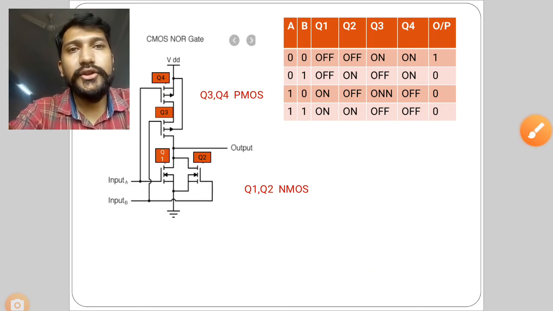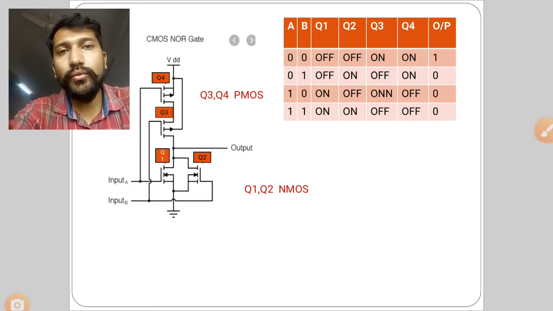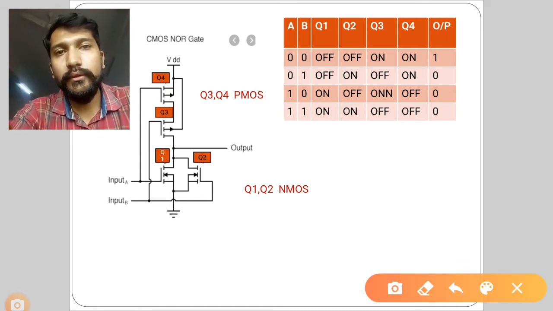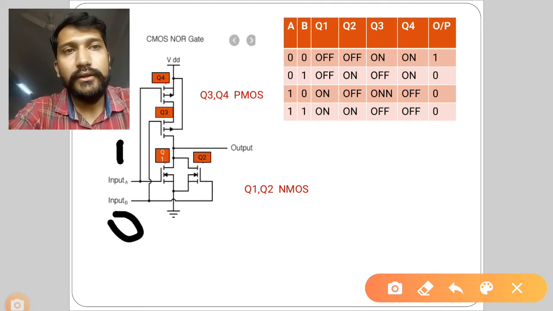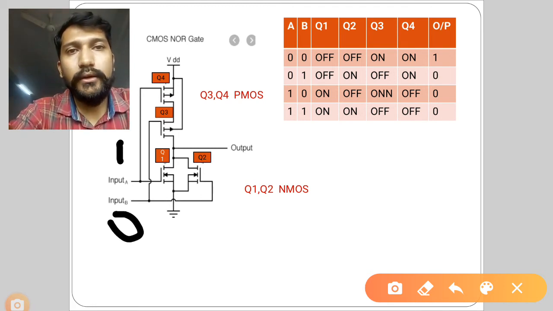My third condition will be in the opposite direction. This will be 1 and that will be 0. A will be 1 and B will be 0, vice versa. When A is equal to 1, at that time Q1 and Q2 are your NMOSes, so Q1 will become on, because it is getting 1.